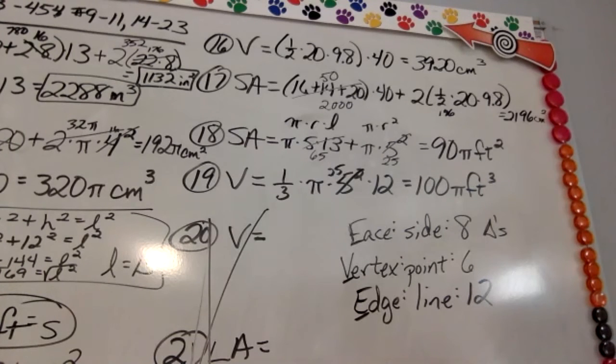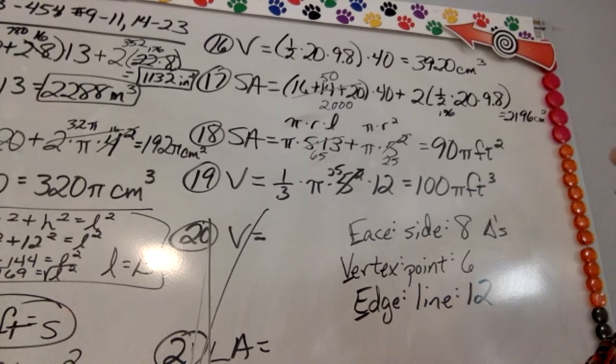So the rectangular prism is more like what we did on number 9 on the review today. You have your lateral area, which is the perimeter of the base times the height. And then you have that answer plus 2 times the area of the base, which is your surface area. And then volume is the length times width times height. So it's like number 9.